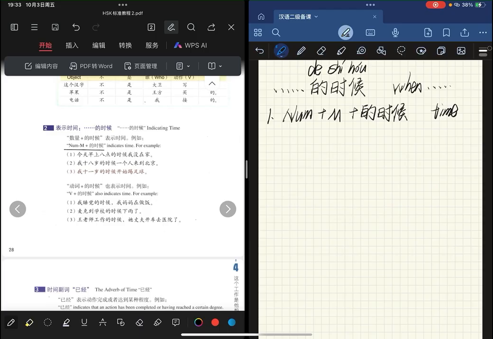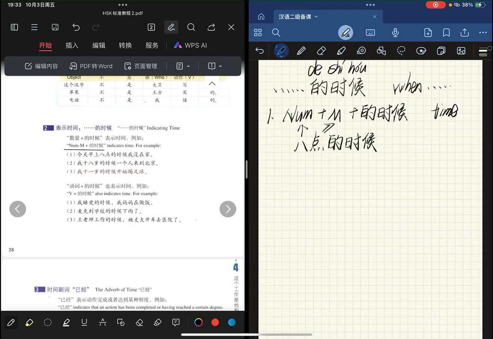So for example, at 8 o'clock, 8点. At 8 o'clock, 8点的时候, it means during this certain period of time, right?